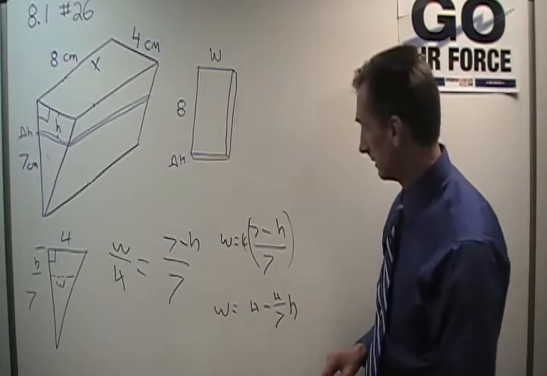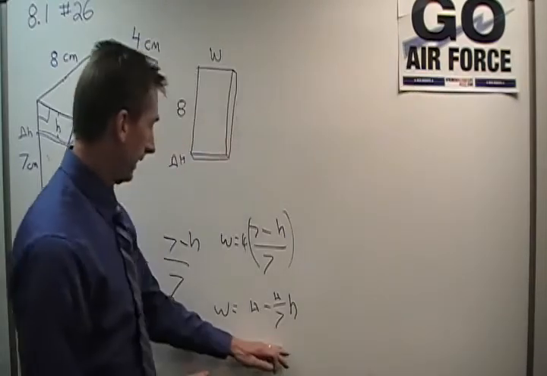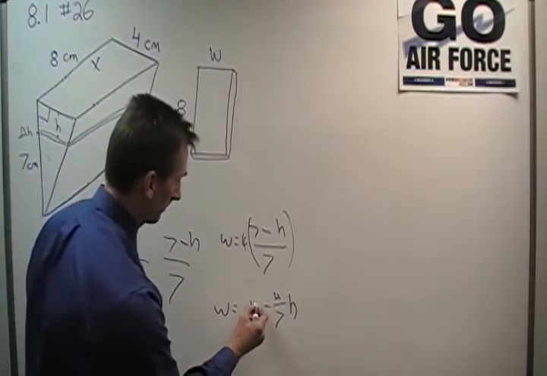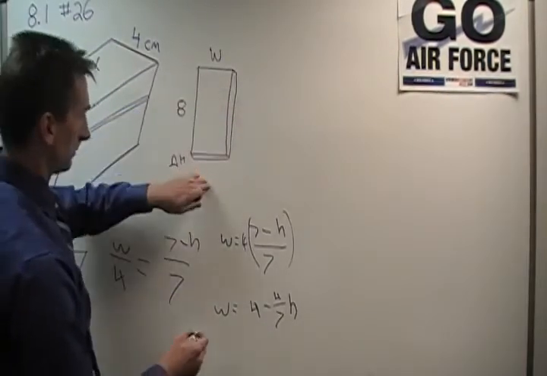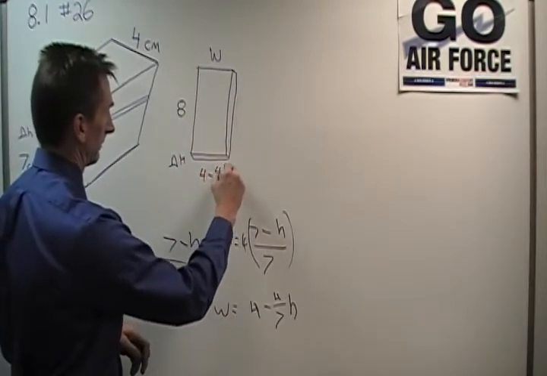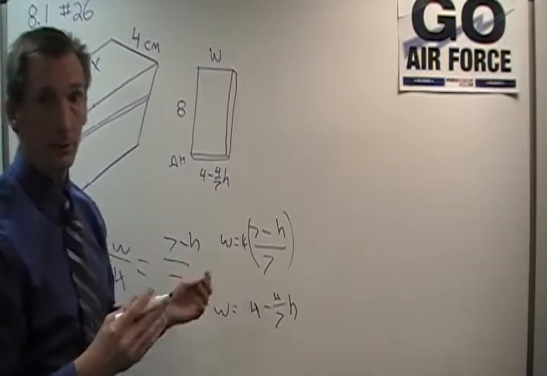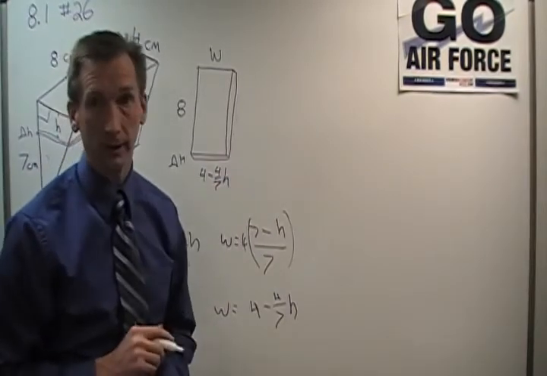Pretty simple algebra. I'm sure you can do that at home. Now I have an equation for my width, 4 minus 4/7 h. Now I know everything I need to know in order to calculate the volume of that rectangle.